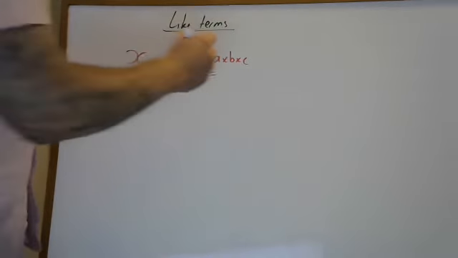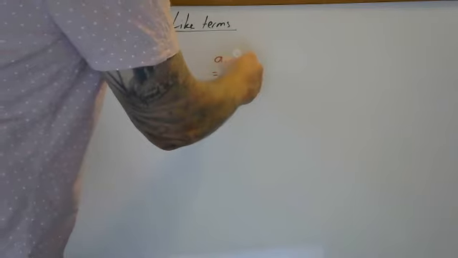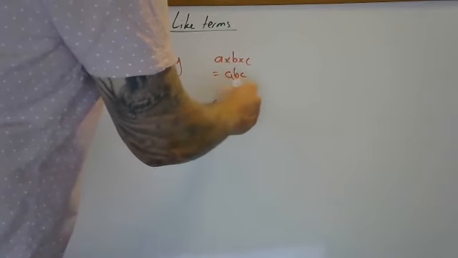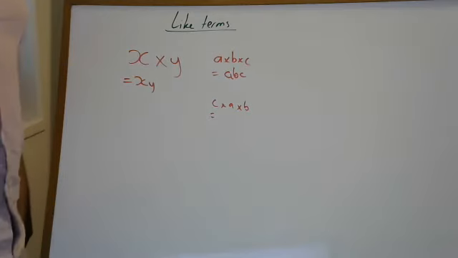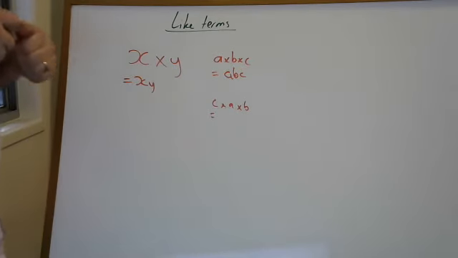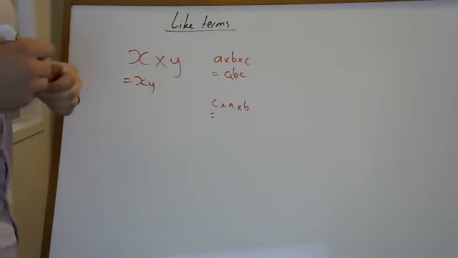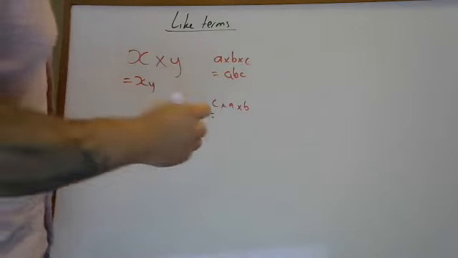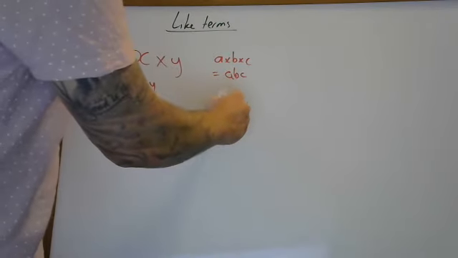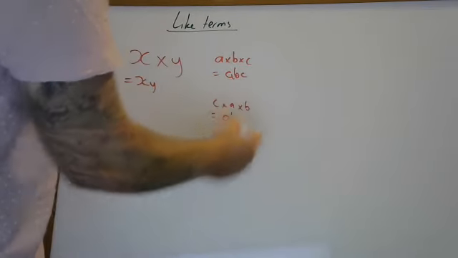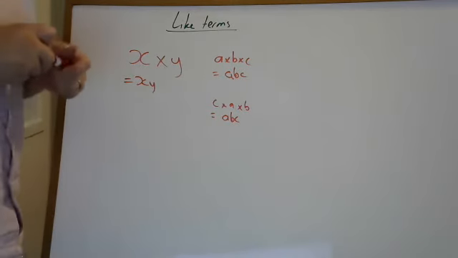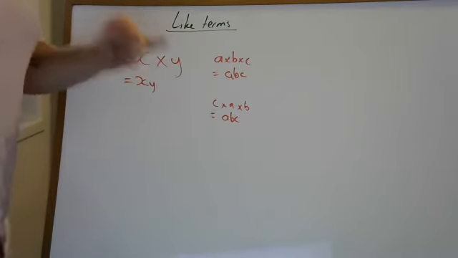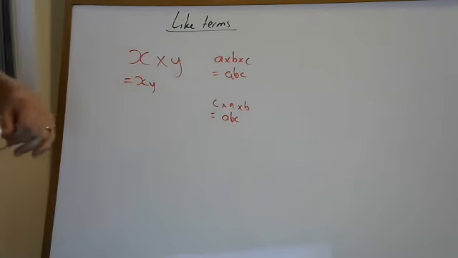A, B, C, very good. What would C times A times B give us? Still ABC, very good. So C times A times B is still ABC. It has to be in the correct or alphabetical order.